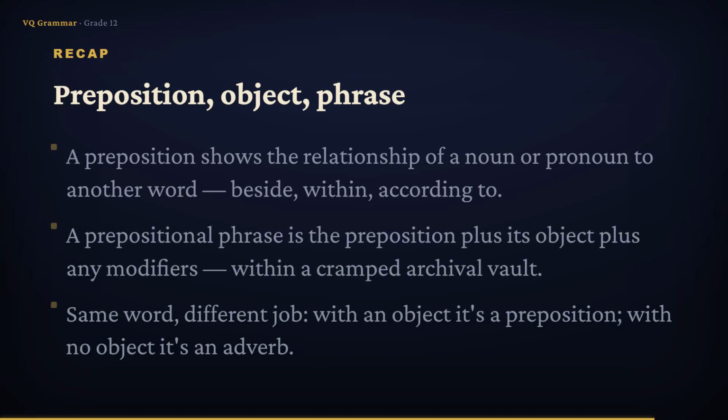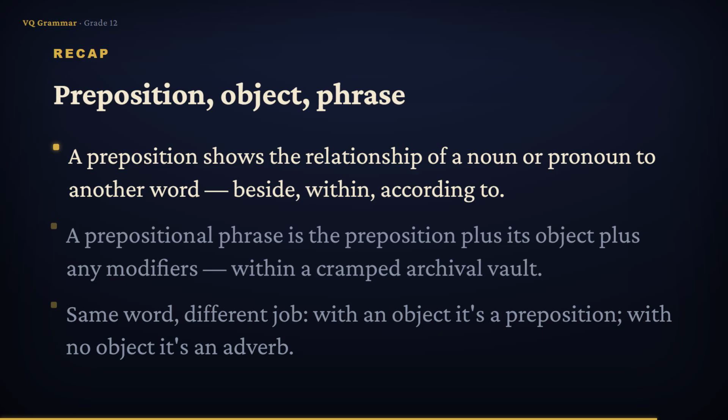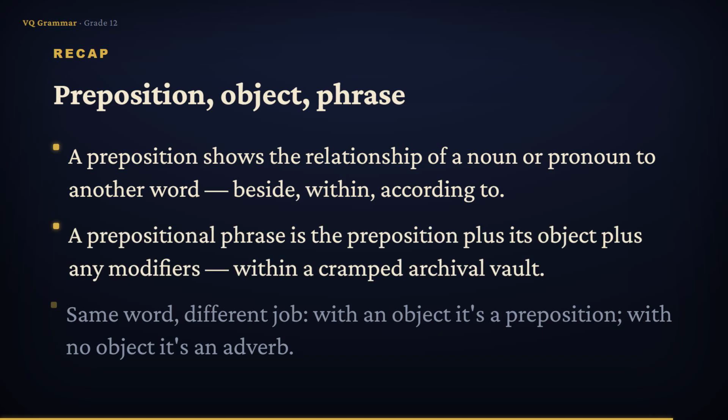Let's gather everything up. First, a preposition shows the relationship of a noun or a pronoun to some other word in the sentence, words like beside and within, and the compound ones like according to. Second, a prepositional phrase is the preposition plus its object plus any modifiers, all traveling together, the way within a cramped archival vault does.